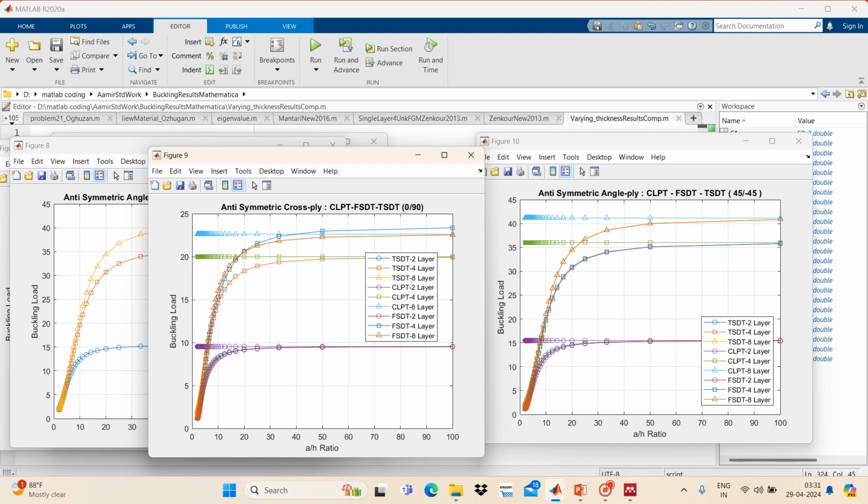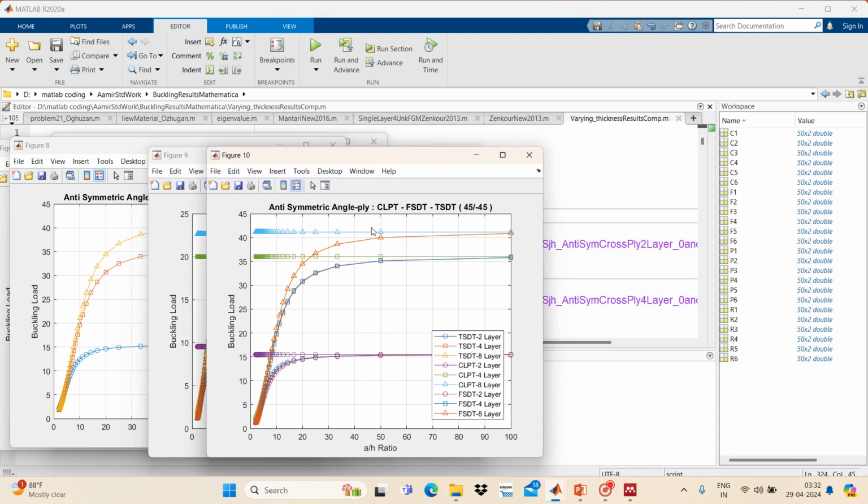We can also say that as the number of laminae increases, for the 2-layer the buckling load is much lesser, but for 4-layer and 8-layer the buckling load is also increasing. For the anti-symmetric angle-ply plate, figure 10, we can also see the same pattern.